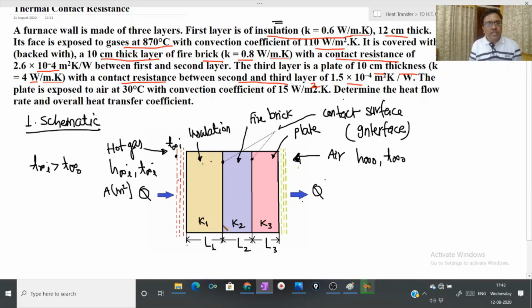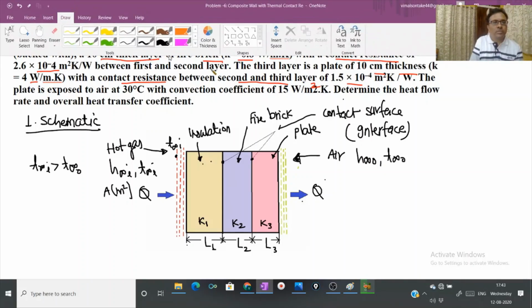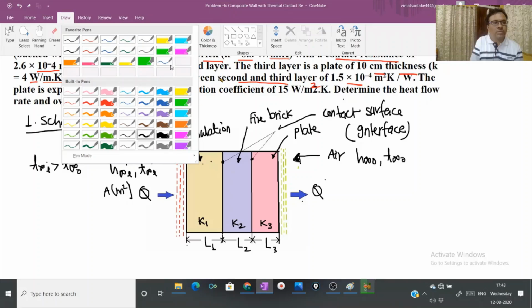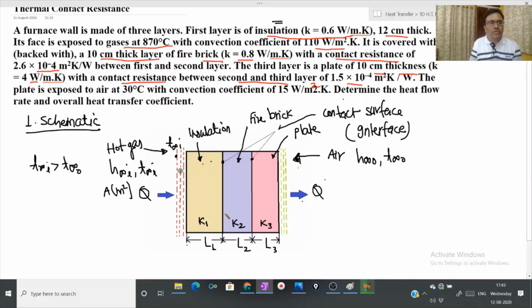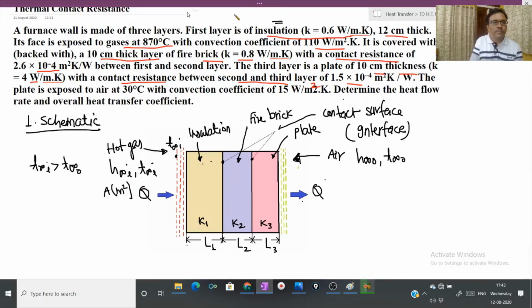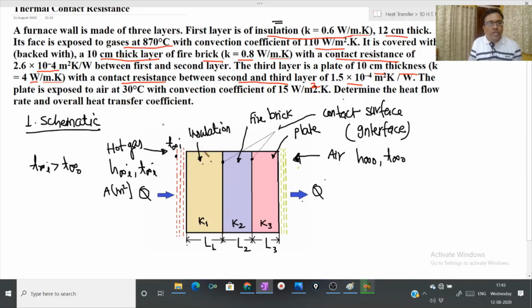Now when heat transfer takes place from hot gas, insulating material, fire brick and plate, and finally to the cold air, they individually offer thermal resistance: hot gas and cold air by convection, and insulation, fire brick and plate by conduction.